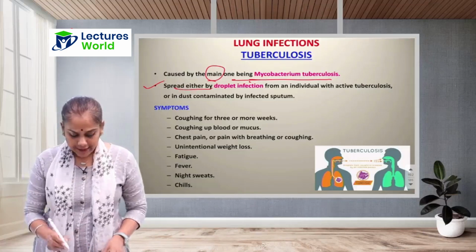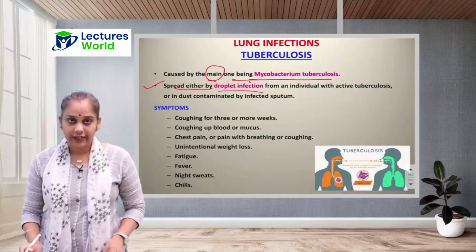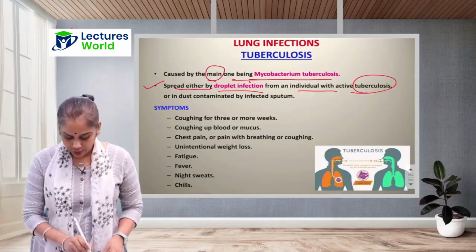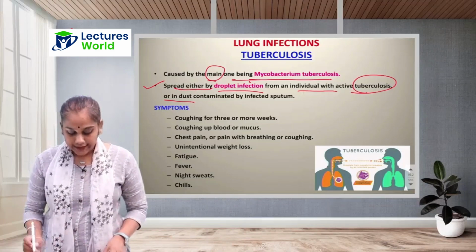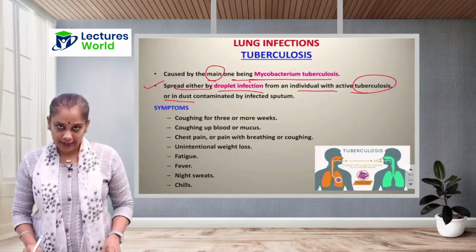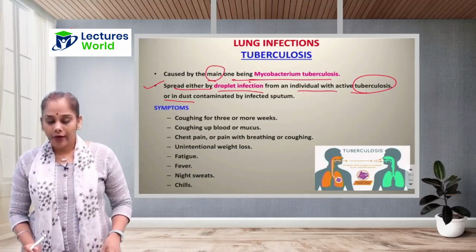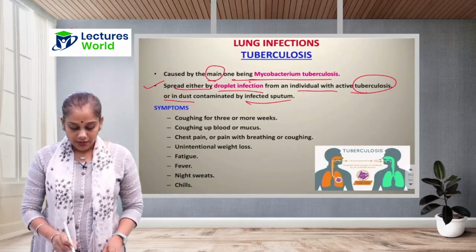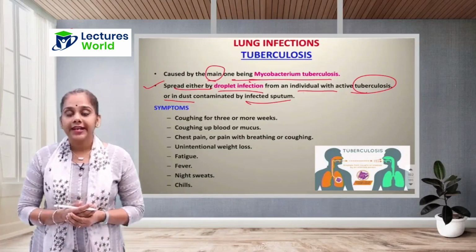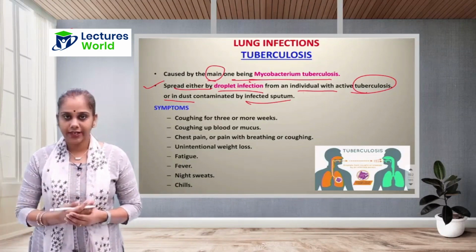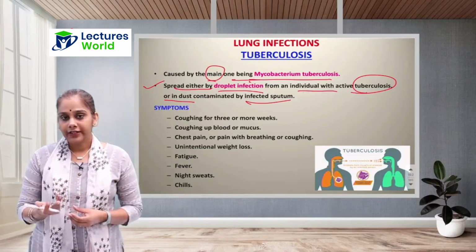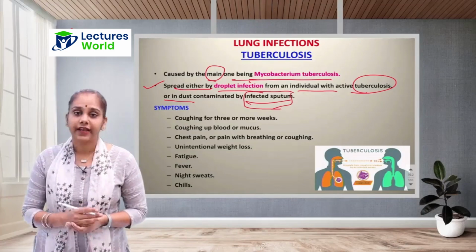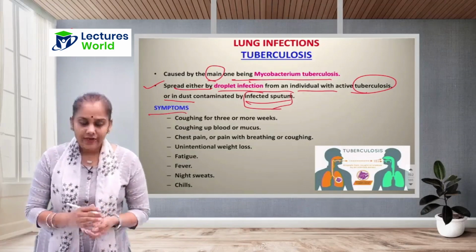It is spread by droplet infection from an individual with active tuberculosis, or in dust which is contaminated by the tuberculosis organism or infected sputum. Now we will see the symptoms.